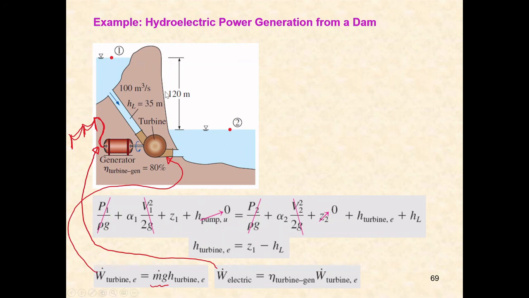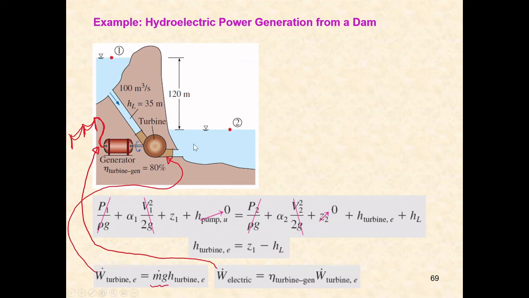So they can be cancelled out. Why are they near 0? Because they are at the reservoir. The water level at the reservoir does not move that much. So that's why the velocities at point 1 and point 2 are near 0 and equal, and can be cancelled out.